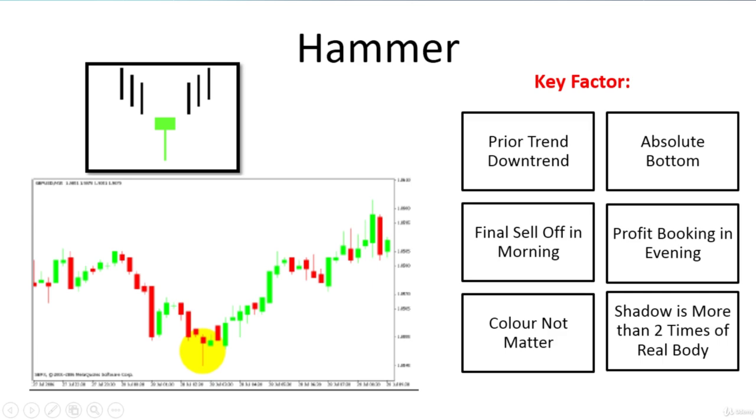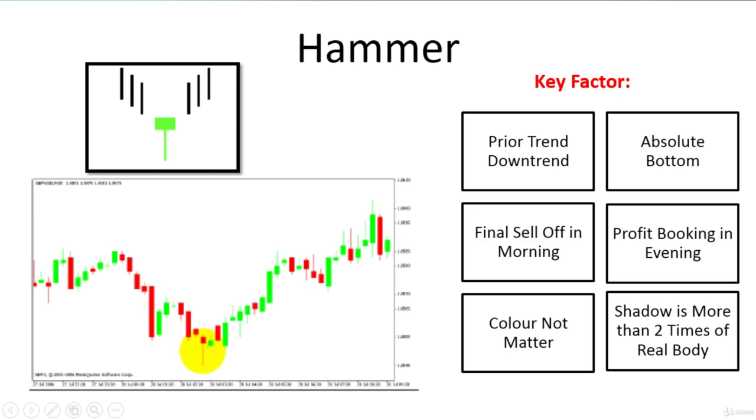As you also see in this graph, the trend is already downside, and at the absolute bottom the hammer candle is formed in red. From the next candle onwards, the price moves upward, so we can easily take positions for it.